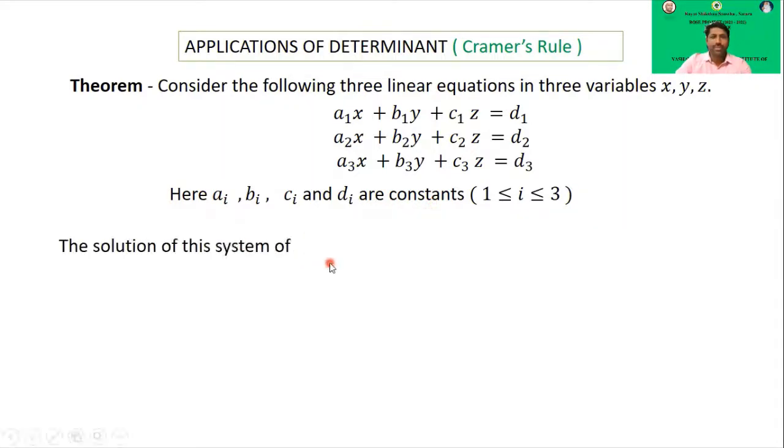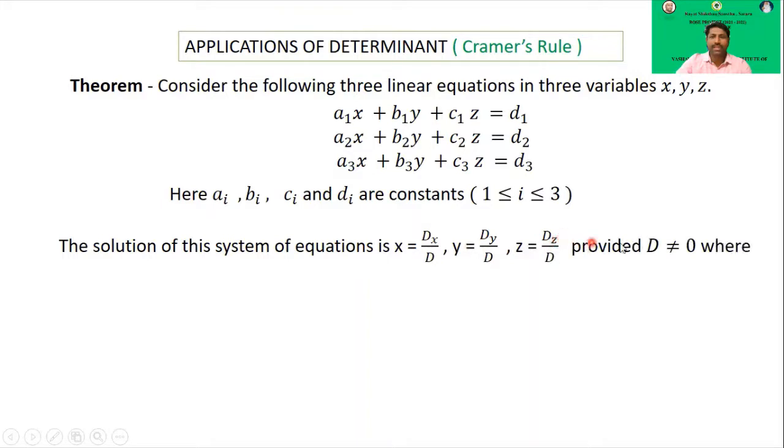The solution of this system of equations is x is equal to dx upon d, y is equal to dy upon d, and z is equal to dz upon d, provided d not equal to 0. So here, what are d, dx, dy, and dz? d is the determinant of the coefficients of x, y, z.